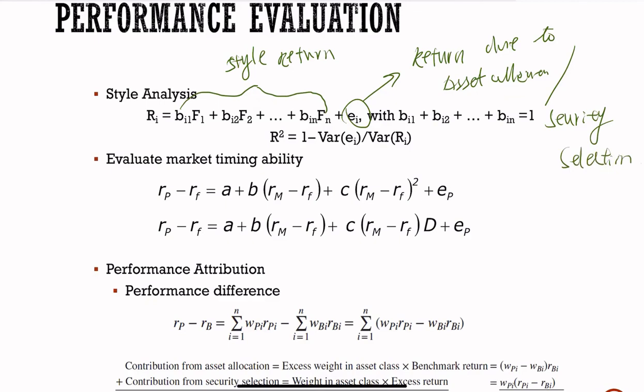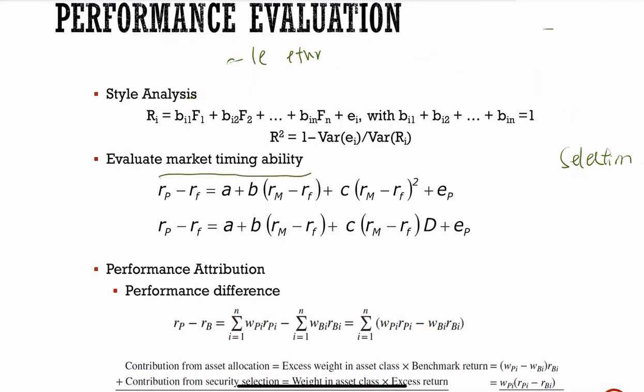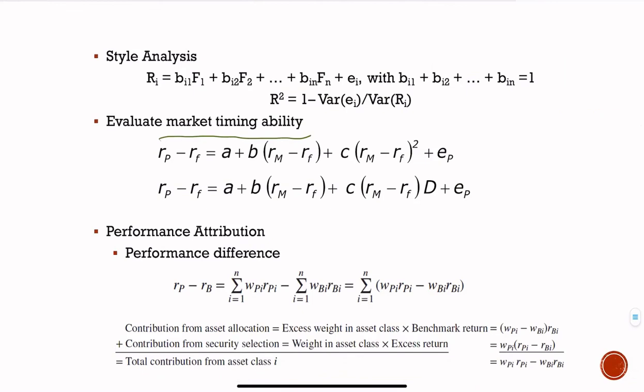And then we talk about how to evaluate market timing ability. This is quite an interesting process. First, what is market timing? To put it simply, market timing means you want to invest in the right asset at the right time.